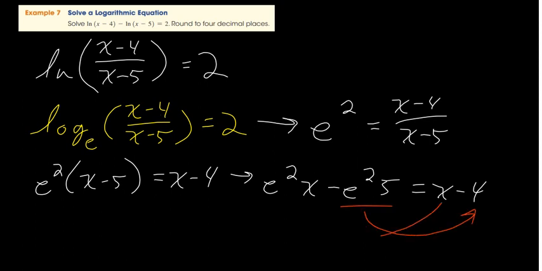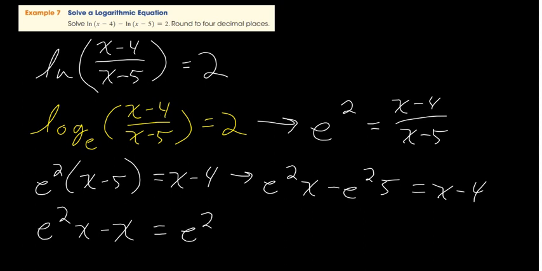I'm going to subtract x from the right side and put it to the left side. So we're going to end up with e squared x minus x is equal to e squared times 5 minus 4. Minus 4, let's fix that up.